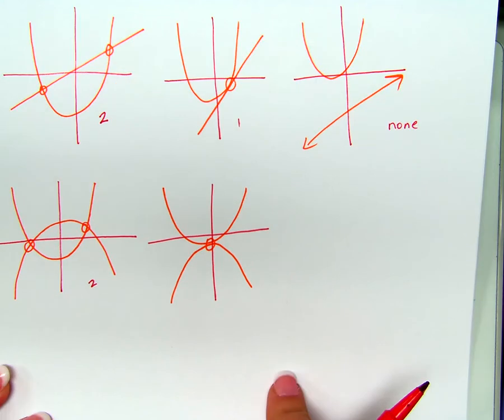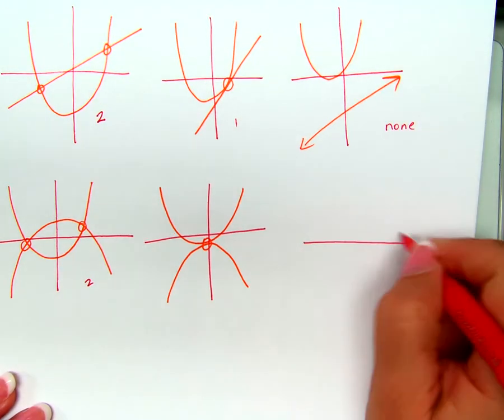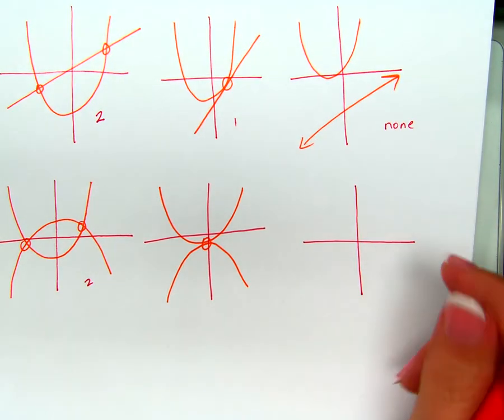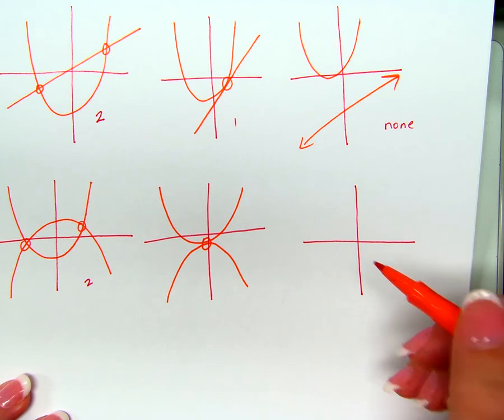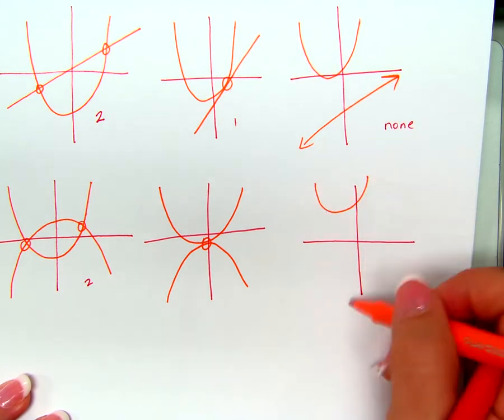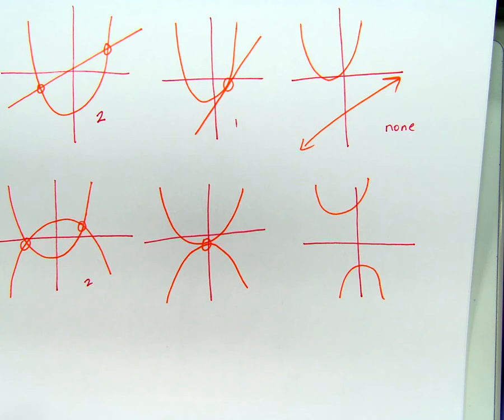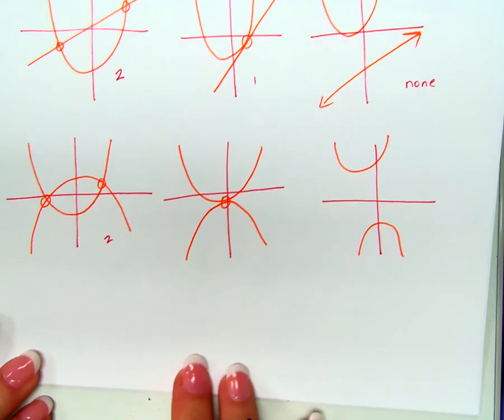Could you have no solutions? If they're just like sideways, not touching. Like that. So that's no solution. Could I have 3?